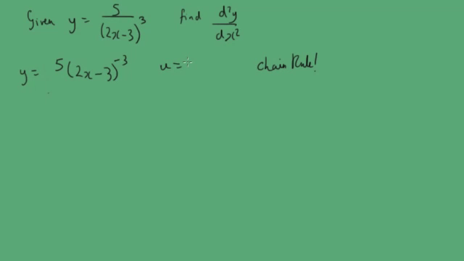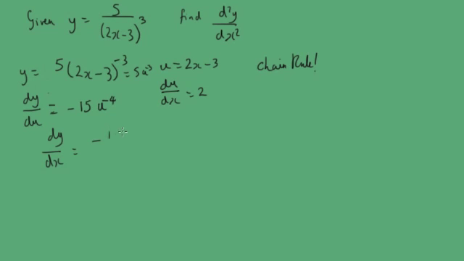And here we're going to have u as 2x minus 3, so du by dx equals 2, and y is 5u to the minus 3. Dy by du is going to be minus 3 times 5, which will be minus 15 u to the minus 4. So dy by dx will be minus 15 over (2x minus 3) to the power 4 times 2.